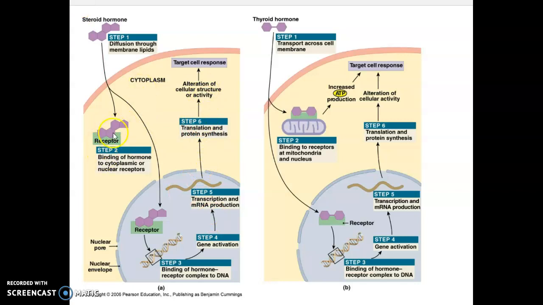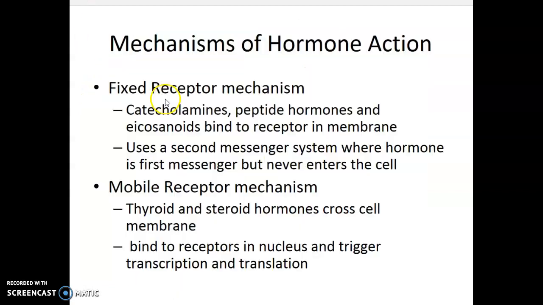So again, this is a mobile receptor, not a fixed receptor. Hopefully now you see what a fixed receptor is versus a mobile receptor.